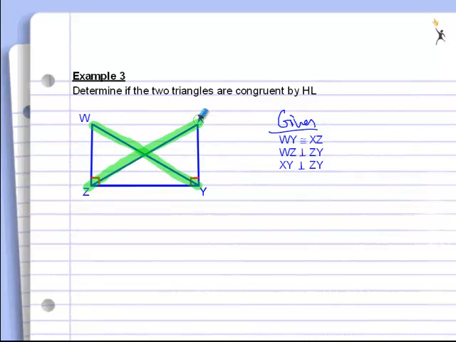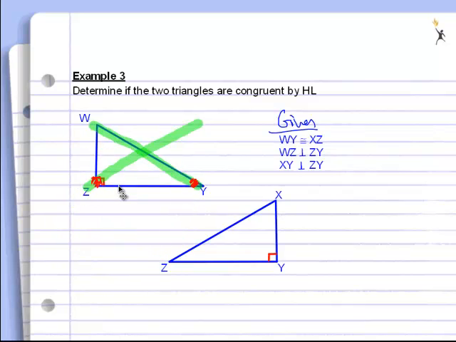We're also told that WZ is perpendicular to ZW, that's why we have the little 90-degree mark here, and that XY is perpendicular to ZW. Now what I need to do is pull these two triangles apart just so I can properly label them.